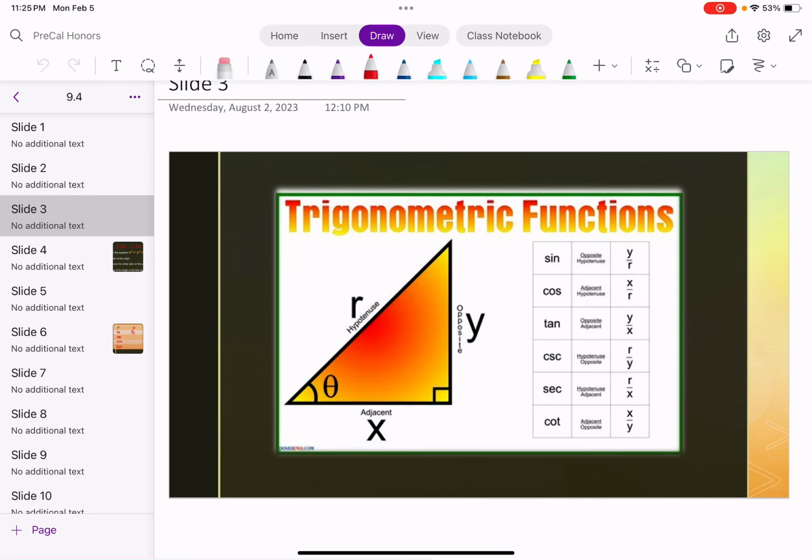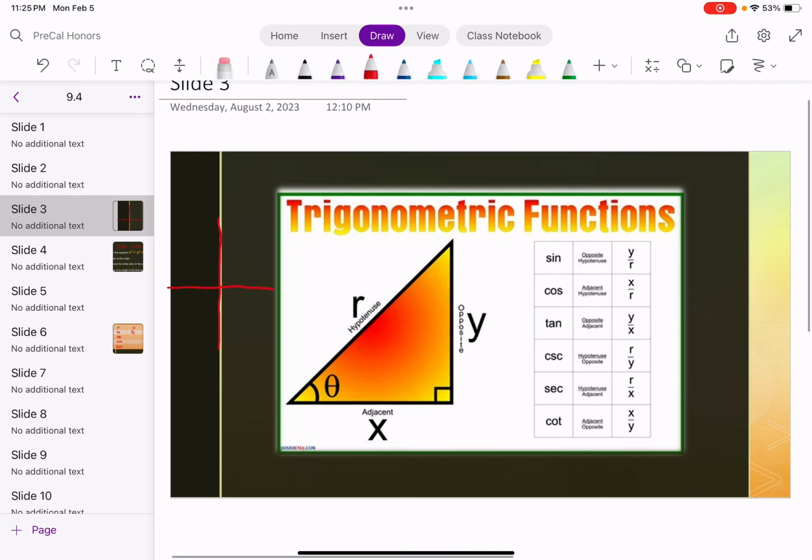So when we draw out that unit circle, we will actually be able to draw our triangle within that unit circle.